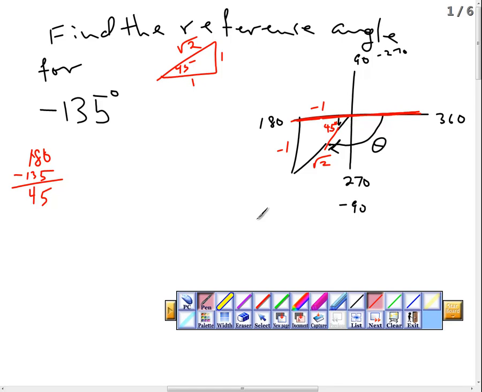Yeah, it's square root 2, but the hypotenuse is always what sign? Positive or negative? Hypotenuse is always positive. The hypotenuse is always, always positive. All right? All right, good.